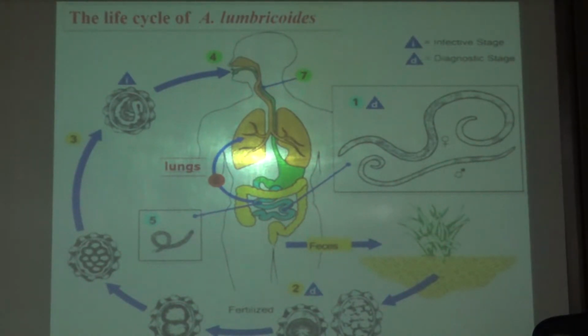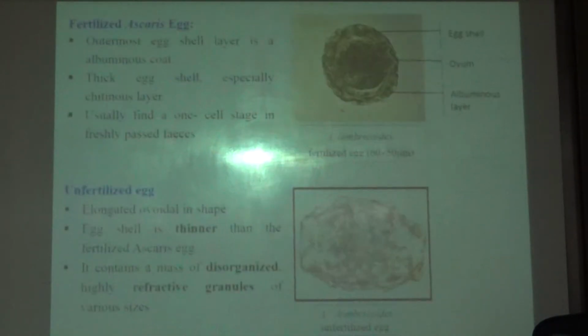There is inflammation in the lung, but basically this adult worm is formed and remains inside the intestine, and the female lays eggs, which are passed in the stool. From the stool these eggs come outside and they can again contaminate water or food or anything. So this cycle goes on like this.